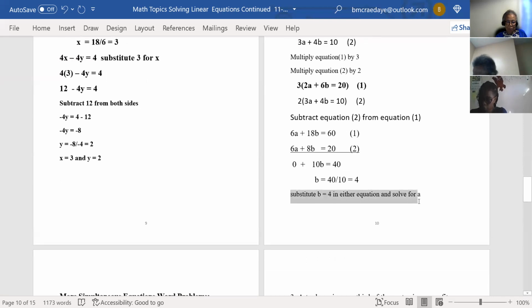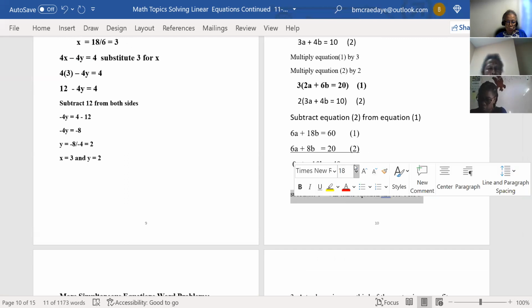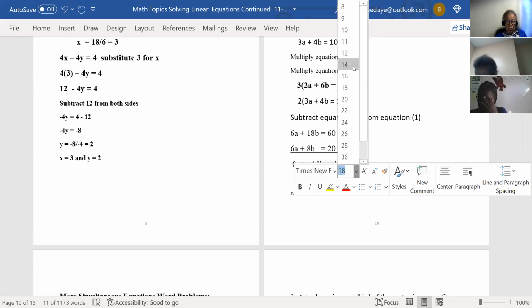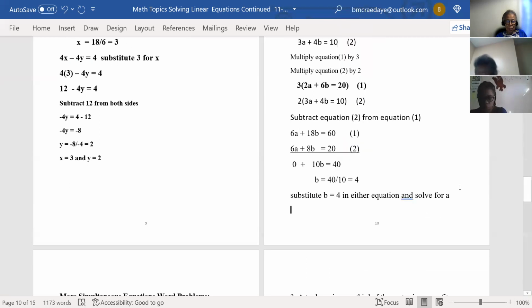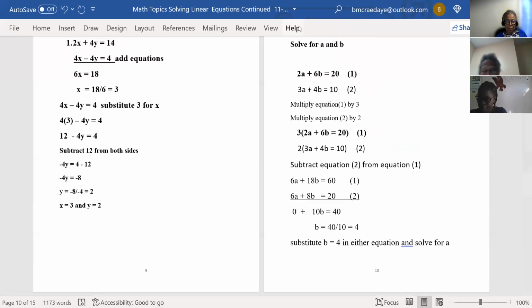Negative 8. Maureen, are you doing that? So you do b. Because you substitute it in either equation, that first one or the second one, you can substitute it in, okay? Which one are you using, Vanessa? 1 or 2?